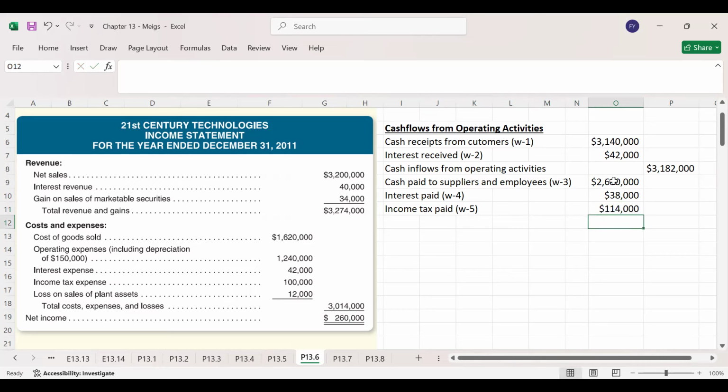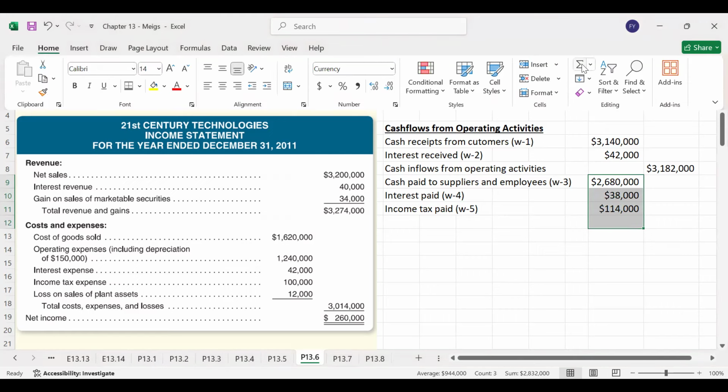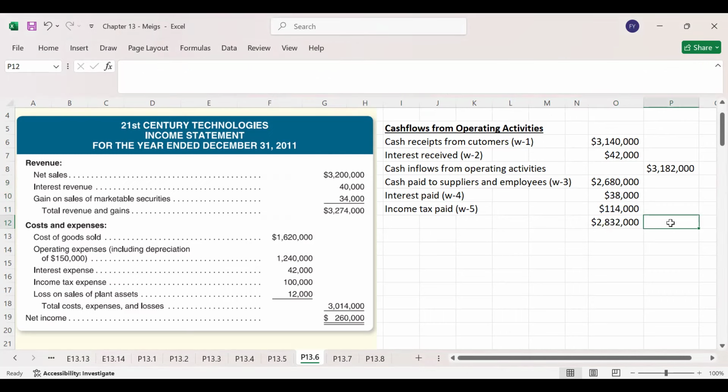So by adding all these three, we get total cash outflows from operating activities. So here we are going to write it down with a minus sign, minus dollar, because this represents cash outflows, which is 2.832 million. So here we have cash outflows from operating activities.